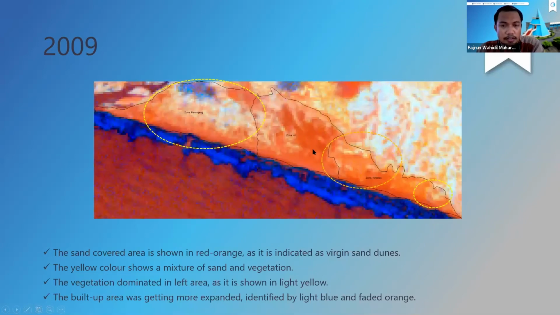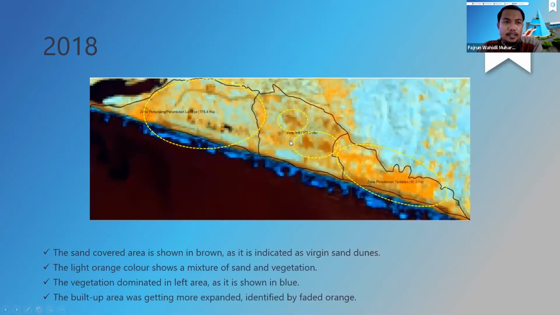In 2009, the spot of the sand covered area is getting smaller because the vegetation distribution reaches the middle part of the sand dune as well. And this is the last data of our analysis.